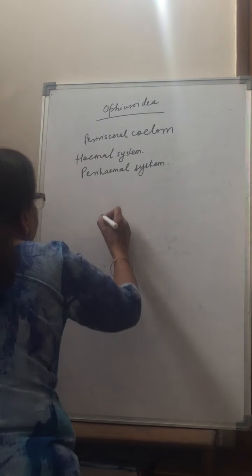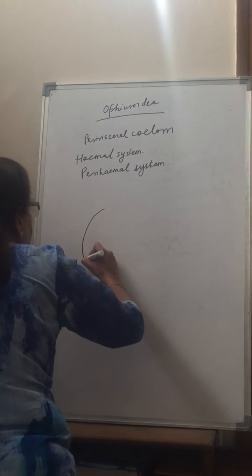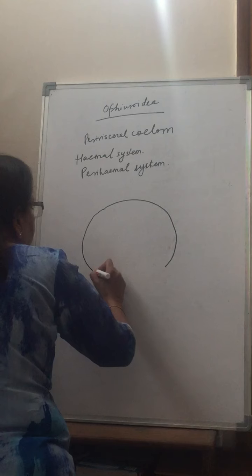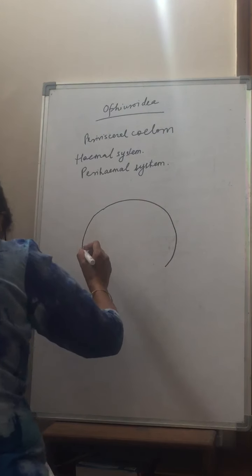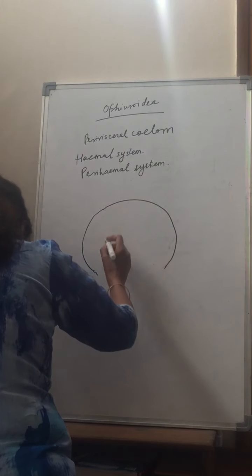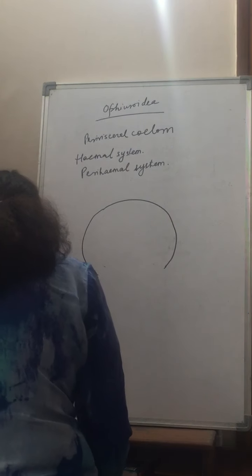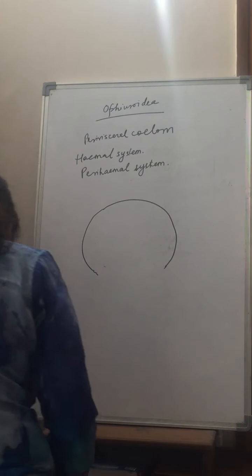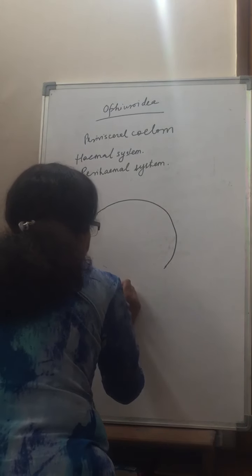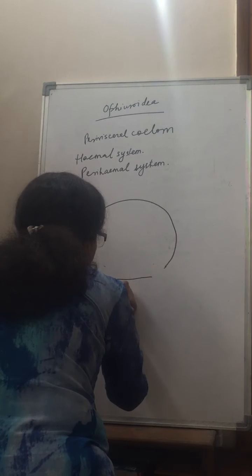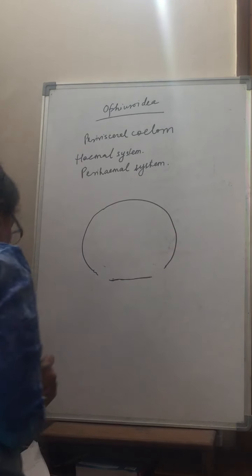So this is the cross section of the arm of an ophiuroid, and the oral shield is there on the oral side, right?